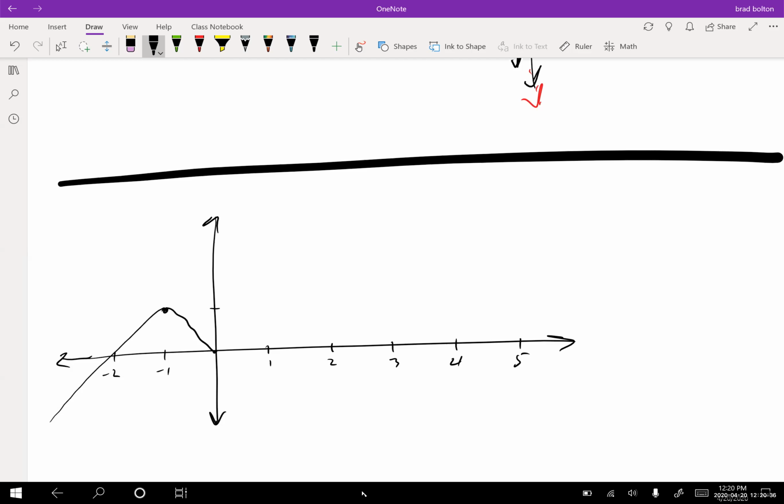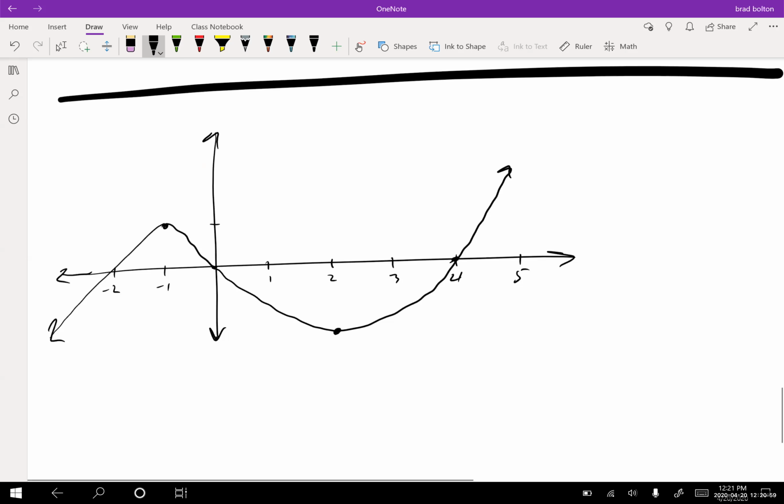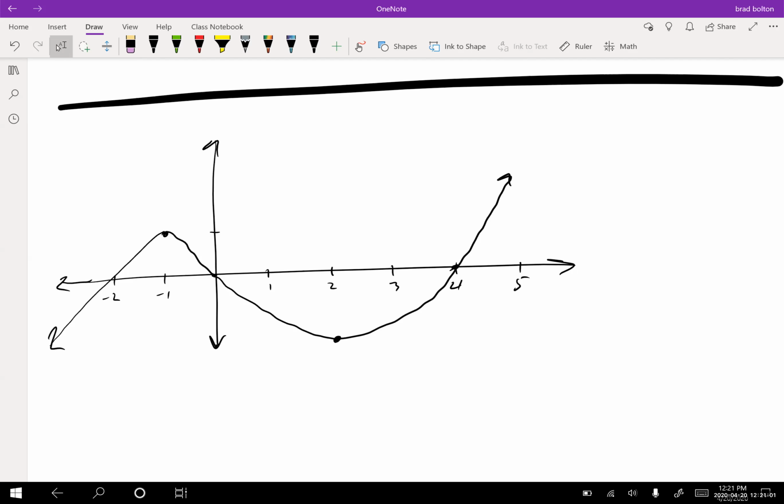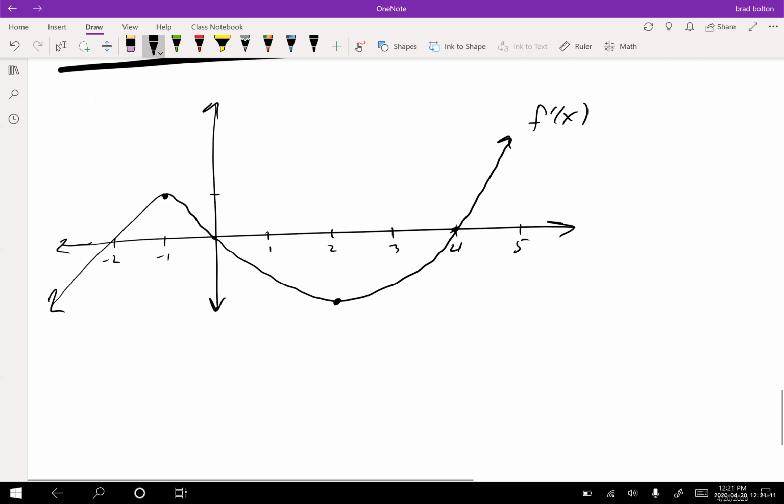And then here at 2. Okay. So we have this graph, all right? And this is the graph of f prime. So this is not f of x, this is the graph of f prime. Maybe I should put it over here. So this is the graph of f prime of x, okay?